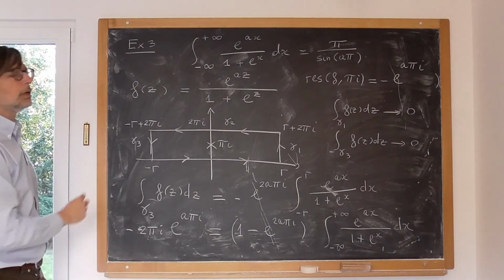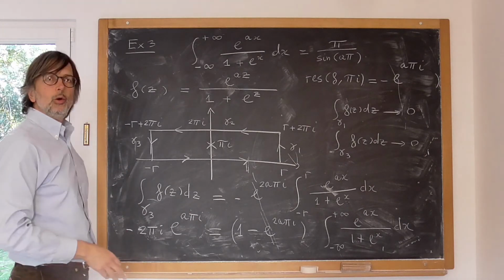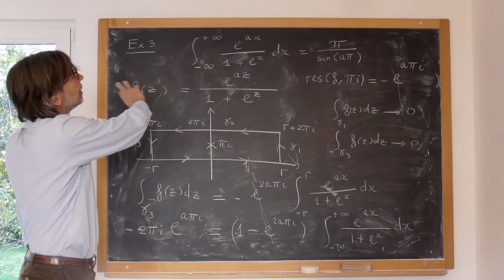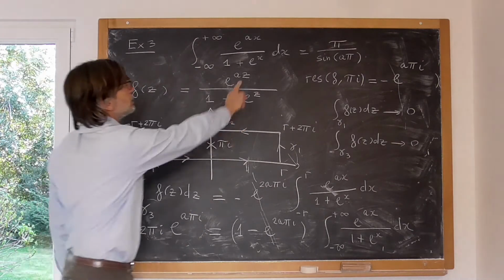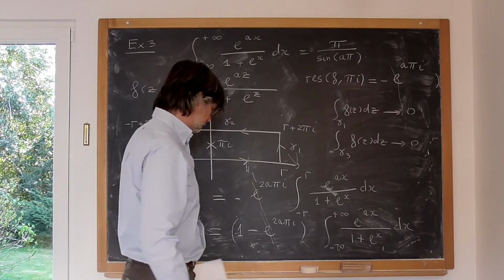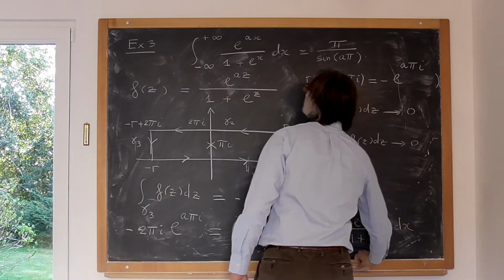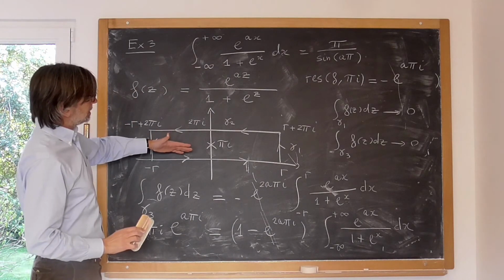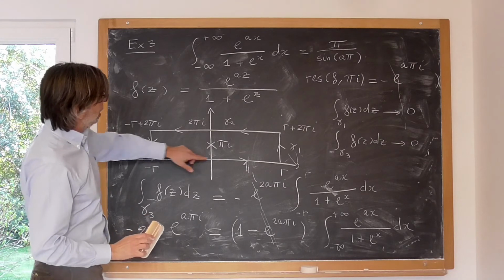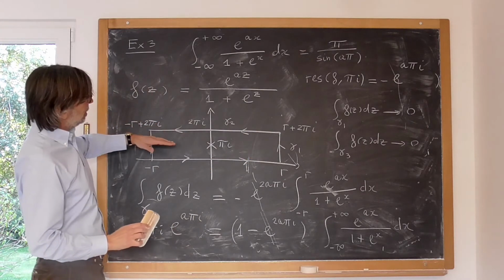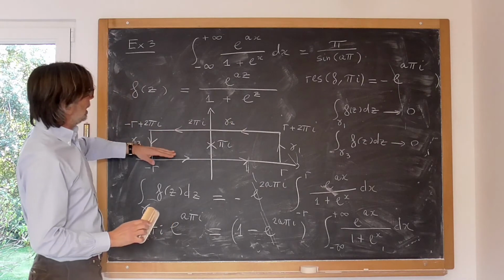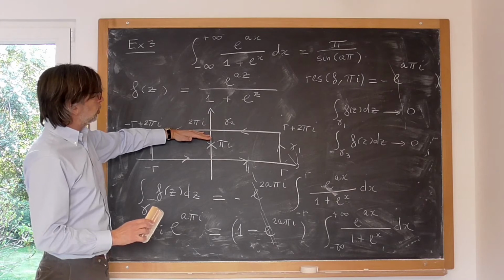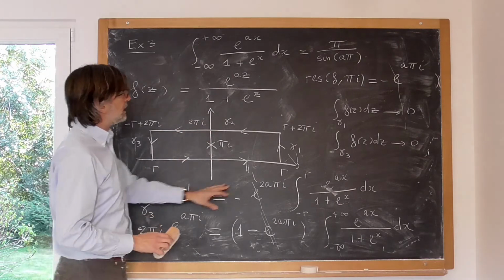Okay, so here I was a bit fast, but if you look in the book of Howe, you will find full, complete computations to reach this result. Very good. So again, this was also an example in which we had a domain, we had a contour, and on this side of the contour there was a sort of phase shift.